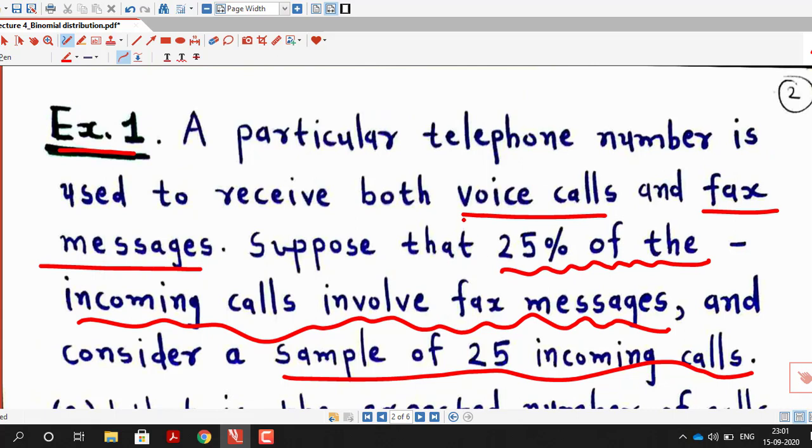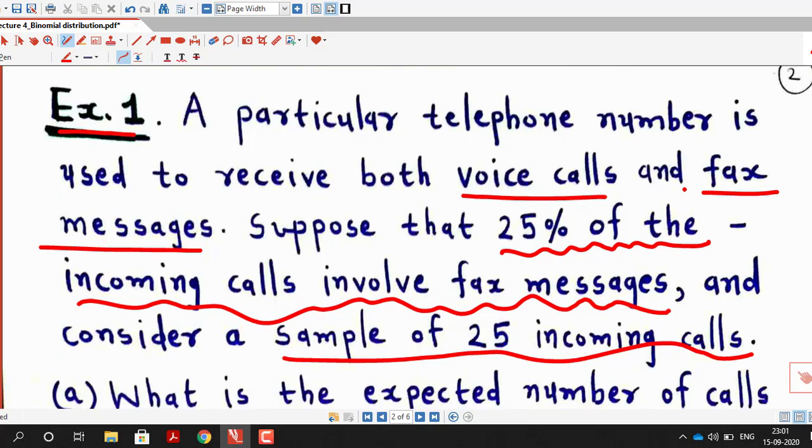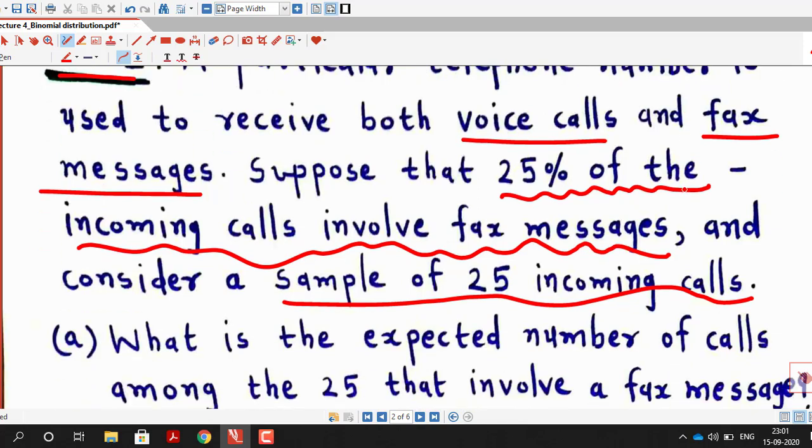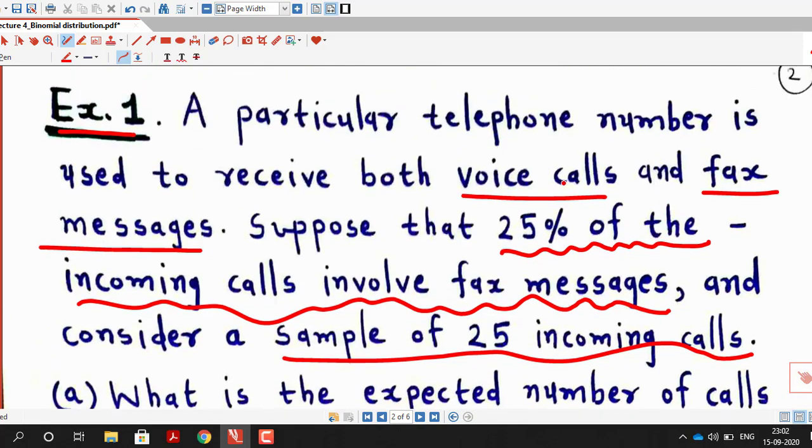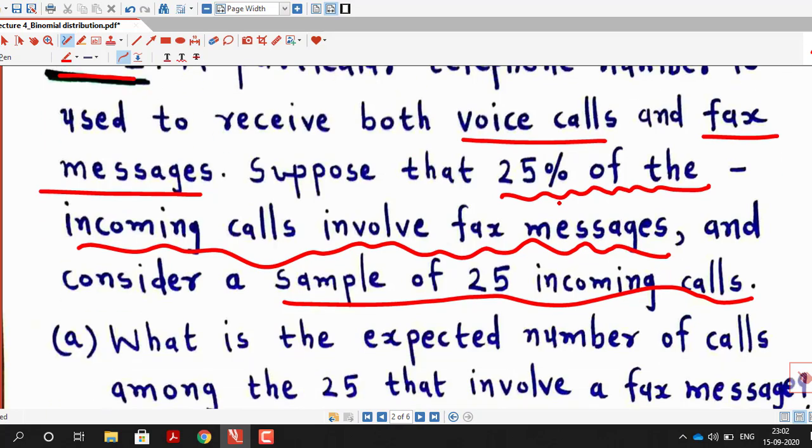For each incoming call we can check whether it is a voice call or a fax message. So for each incoming call there are two possibilities: either it is a voice call or it is a fax message.